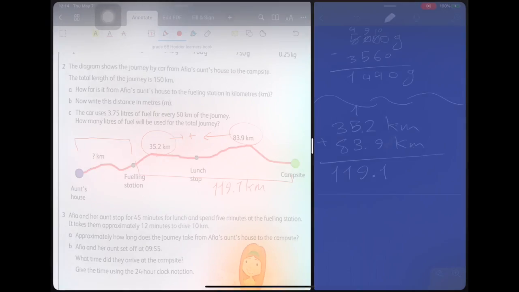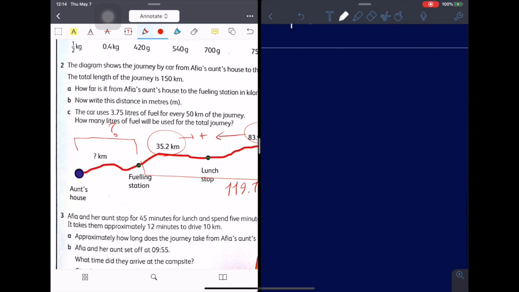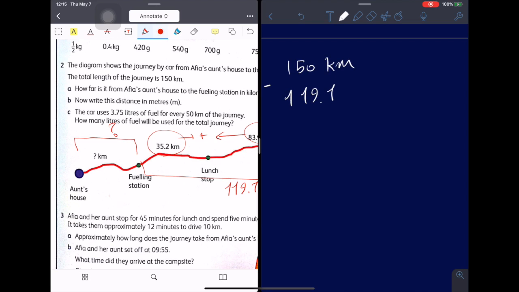So in order to find the part from her aunt's house to the fueling station, we need to do 150 kilometers minus 119.1. As you could see, about 150 we don't have a point. You should remember, if we don't have a point, the point is at the end. We don't have any numbers here, so you could easily put zeros instead. So let's go on. 0 minus 1, it's impossible.